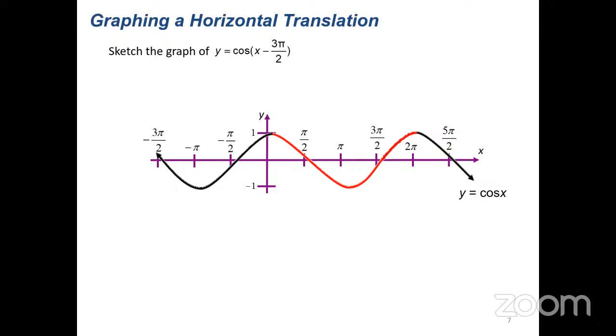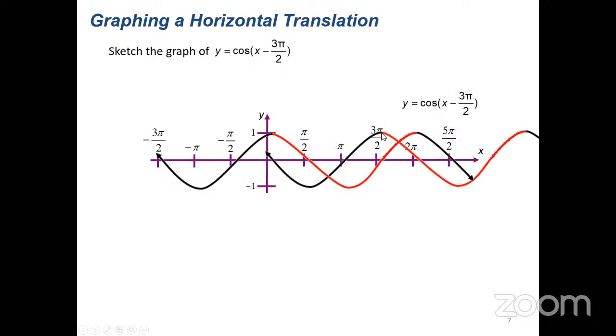So here's the example. We have y equals cosine of x minus 3 pi over 2. You see how it's x minus? So it's not going to go towards the negative side. It's actually going to go to the right side, and it's going to shift by 3 pi over 2. So this point is going to go in this direction, and it will stop at 3 pi over 2.